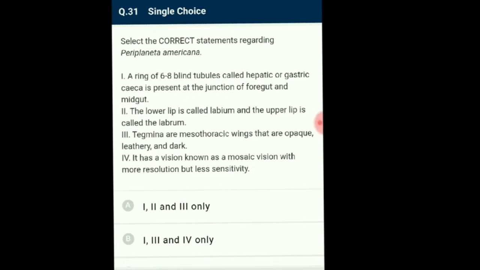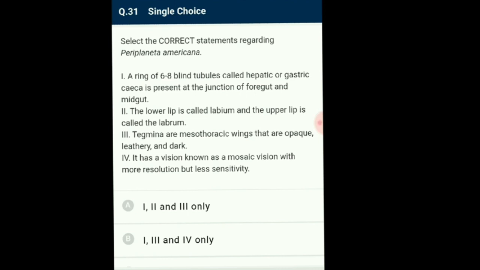Select the correct statement regarding Periplaneta americana. Here four statements are given about Periplaneta. Statement 1: 6 to 8 blind tubules called hepatic or gastric caeca are present at the junction of foregut and midgut. So this statement is correct. Statement 2: The lower lip is called labium and the upper lip is called labrum. This statement is also correct.